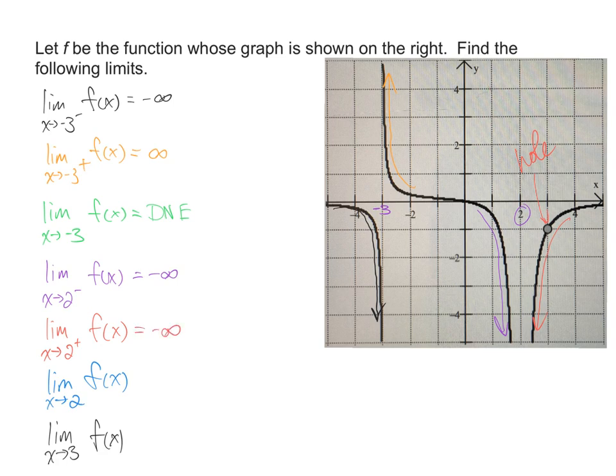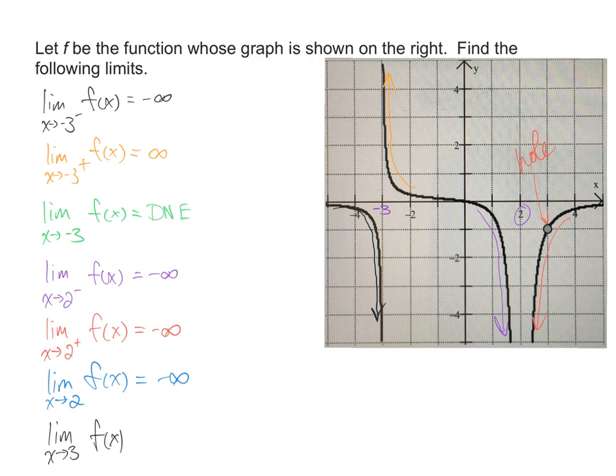And this sixth limit down here in blue is the limit as x approaches 2 from both sides of f of x. So similarly, we're checking the left-sided and right-sided limit, and this time they match. So we can call this limit -infinity.